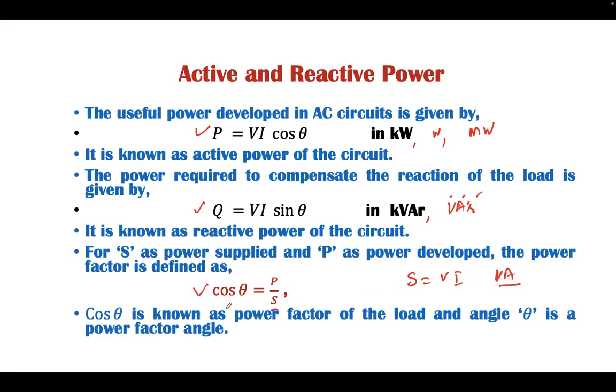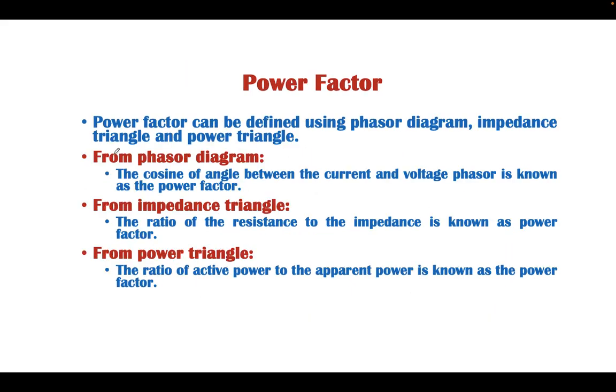The power factor cos theta is given by P by S, or simply R by Z from the impedance triangle. We can define power factor in three ways. From the phasor diagram, cos theta is the cosine of the angle between current and voltage. From the impedance triangle, cos theta is equal to R by Z. From the power triangle, cos theta is equal to P by S.